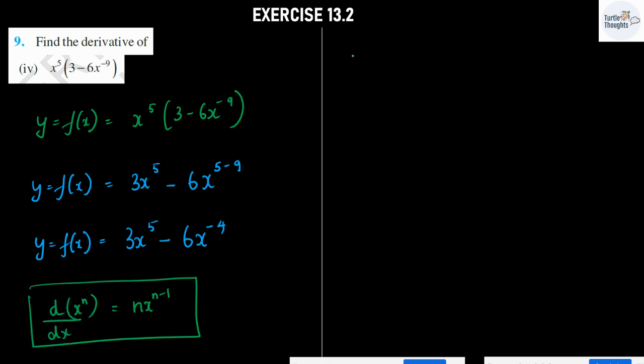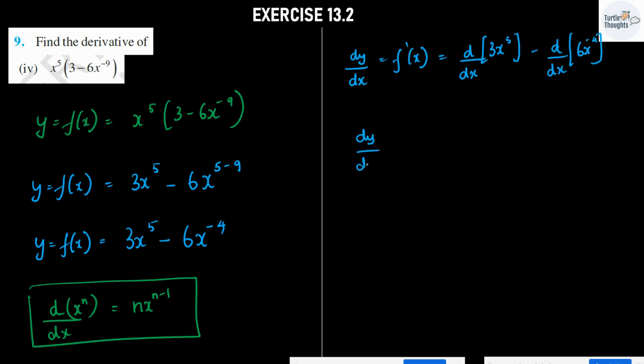Differentiating y with respect to x, I will be getting the value of dy by dx, or this can be written as f dash of x as well. It is going to be the differential of 3x raised to the power 5 minus the differential of 6x raised to the power minus 4. dy by dx can be written as the differential of 3x raised to the power 5, which is 3, a constant, multiplied by x raised to the power 5. n can be taken as 5.